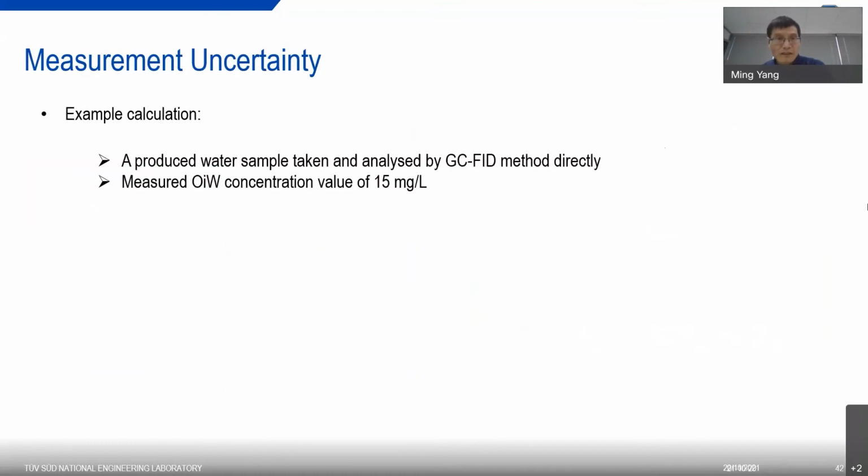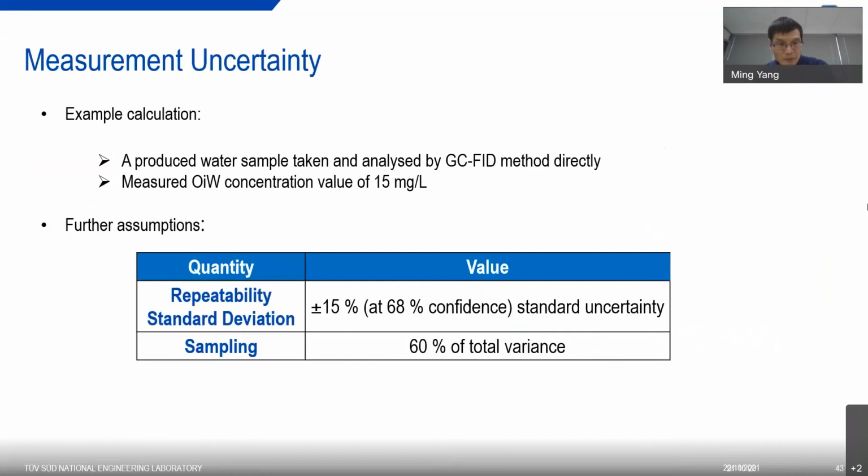So let's look at an example in oil in water. Just imagine we take samples to the lab and measure them by the OSPAR GC-FID measurement method, and the measured value is 15 milligrams per liter. We further assume that the repeatability of the measurement method is plus or minus 15, at 68% confidence.